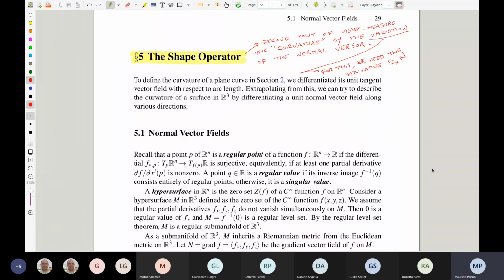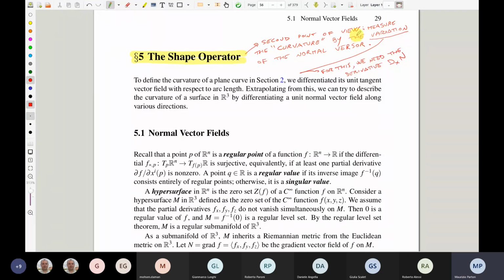This is the second point of view I was talking about in the beginning of this lecture. That is, instead of taking the normal sections of a surface, remember, I was taking sections, and so I obtained curves, and I measured the curvature of these curves, and I said, okay, let's take the minimum one, the maximum one, let's call them principal curvatures, then I have the product, then I have the mean curvature, and so on. Now I want to take another point of view, which is more similar to the point of view that I took for curves.